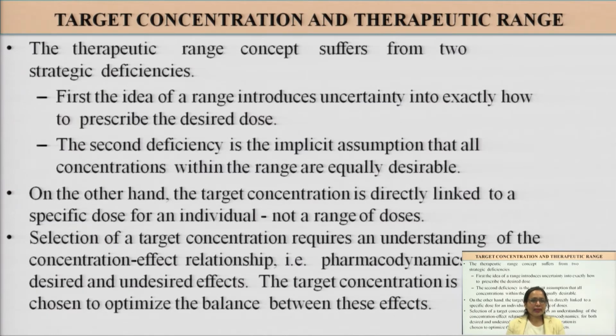The target concentration is chosen to optimize the balance between these desired and undesired effects. The pharmacodynamic effect is the desired effect, and the undesired effect is the toxicity, right.